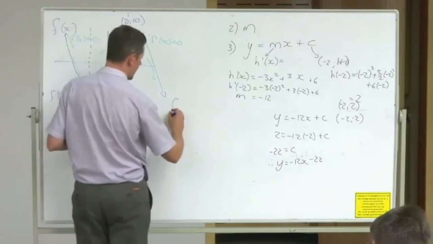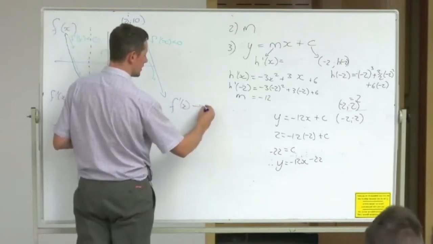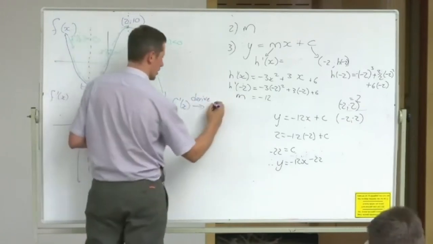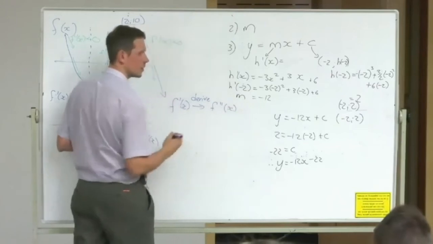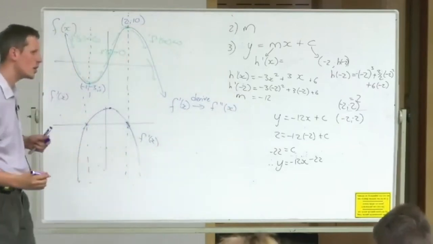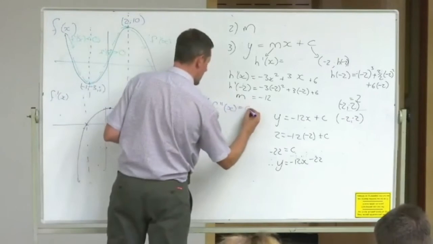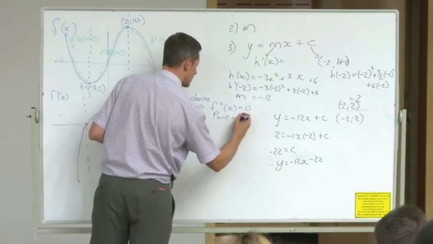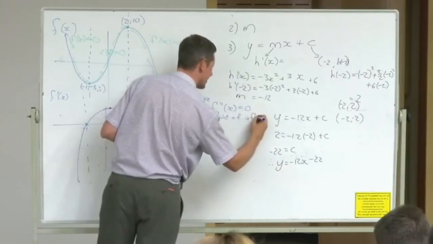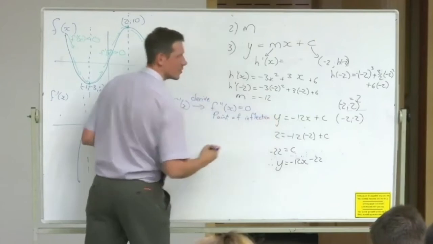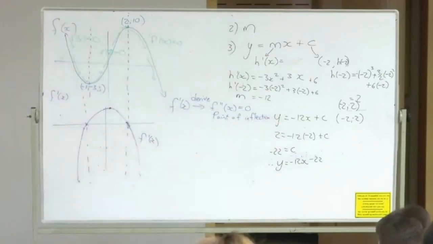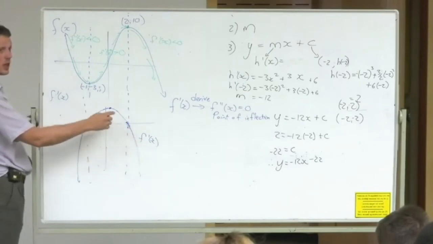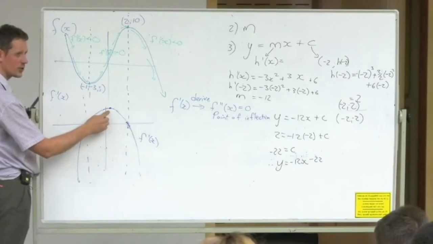So if I take f'(x) and I derive it again, what am I going to get? The second order derivative. Do you guys agree with me? So if I make this equal to 0, oh, but sir, this is my point of inflection. So this point at the top of my derivative is going to be my point of inflection.